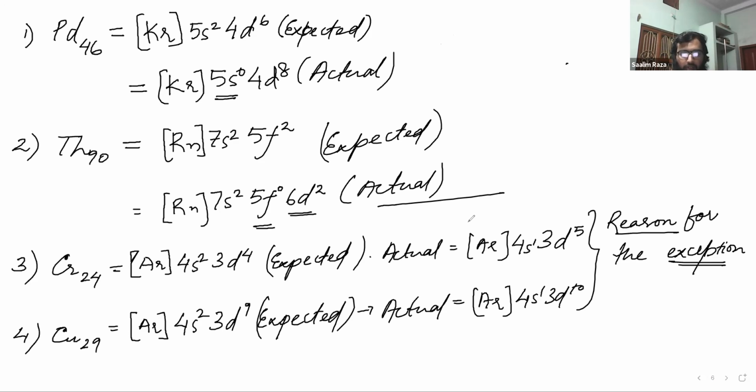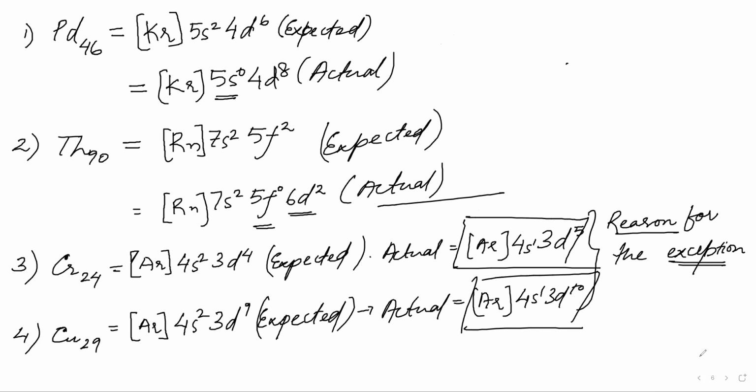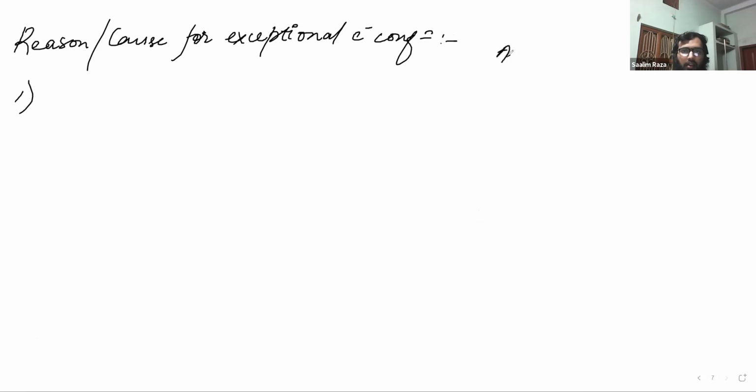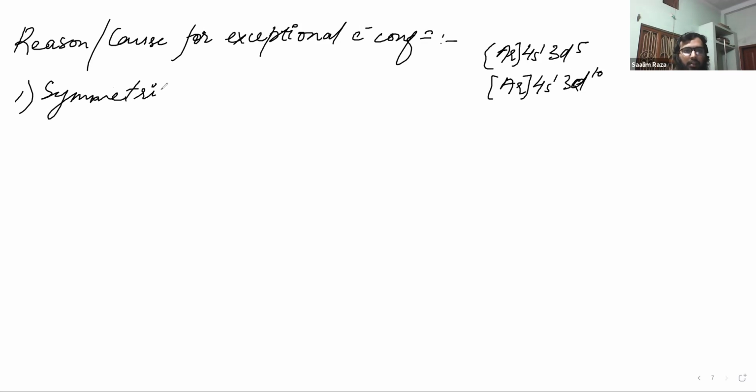First of all, let us take these two elements. Just remember this: Ar 4s1 3d5 and another Ar 4s1 3d10. The first reason is the symmetric distribution of electrons.